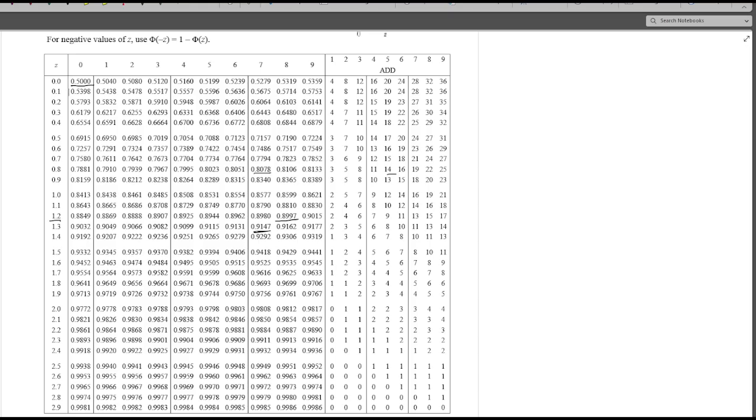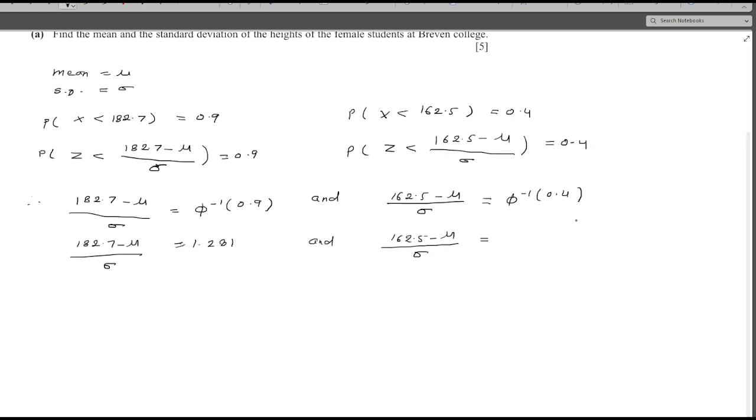If I draw my graph like this, then your Z value, as it is less than 0.5, I will say Z2, it will be here. The center position is 0. So the Z2 is negative.